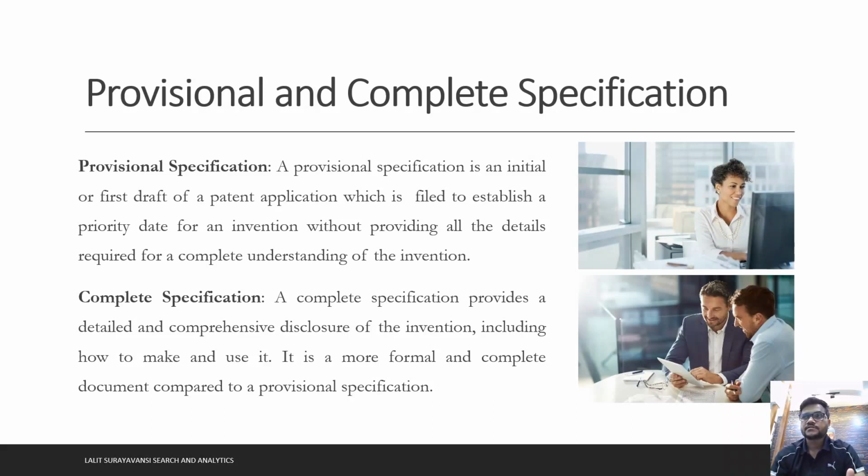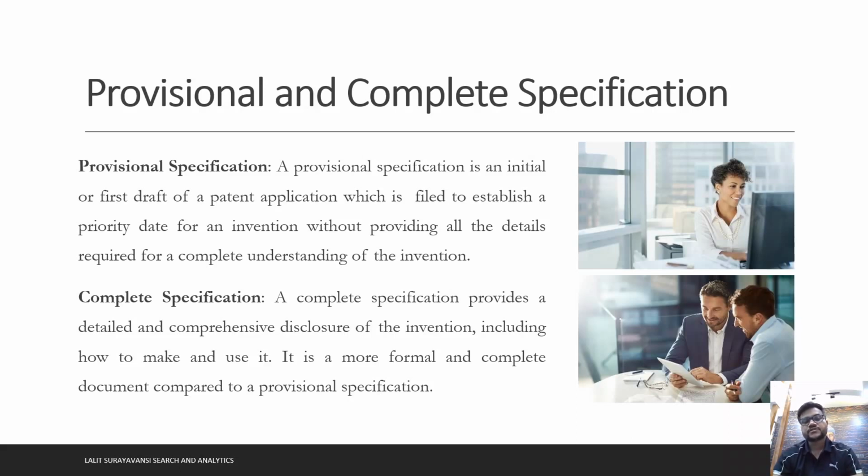If the conflict comes to court, the court will decide that the earlier filed patent application is valid and the one filed later is not. The first filed patent application becomes prior art for the invention filed at a later date. So this is the benefit of filing a provisional patent application or provisional specification.